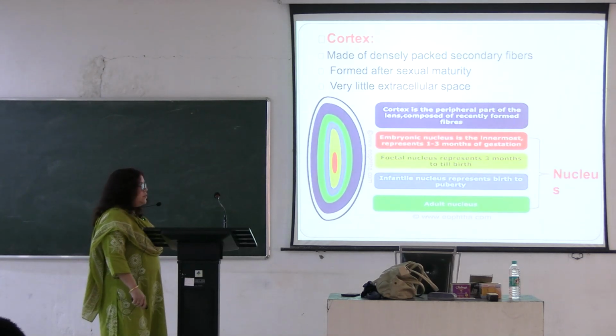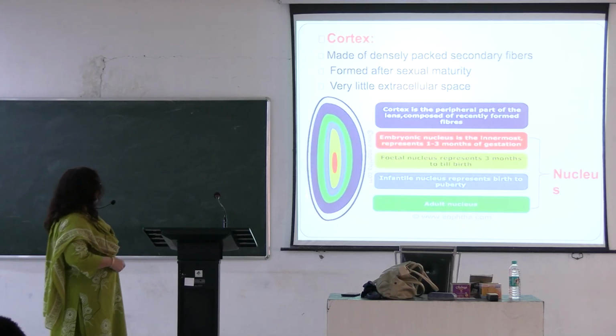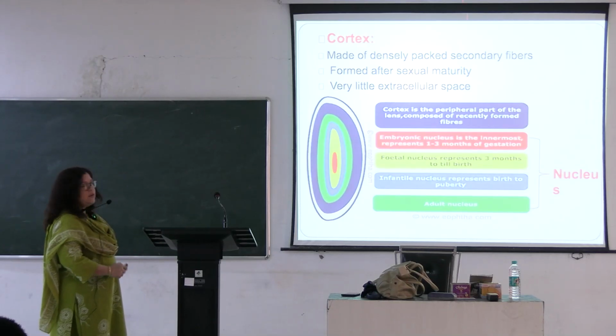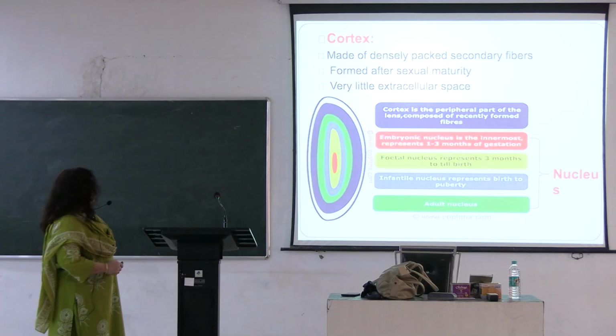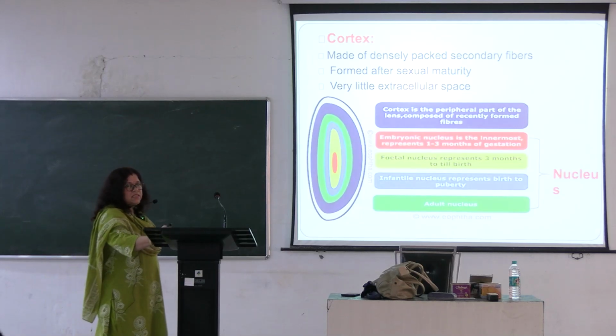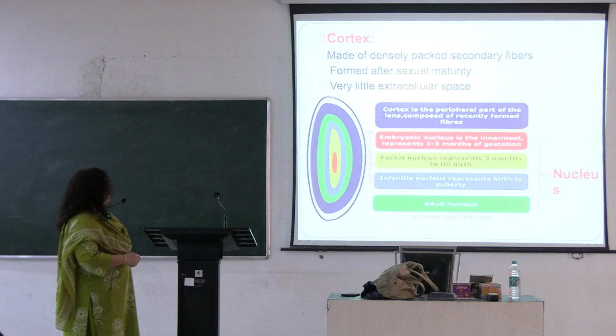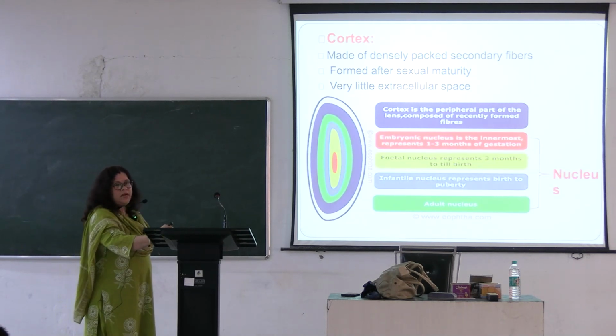Then the cortex. Here is the diagrammatic representation. This outer black layer is the capsule. From here to here, it is the anterior capsule. This is the equator, and this one is the posterior capsule. It is made of densely packed secondary fibers, with very little extracellular space.